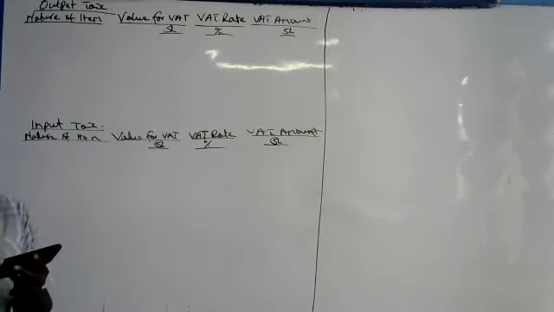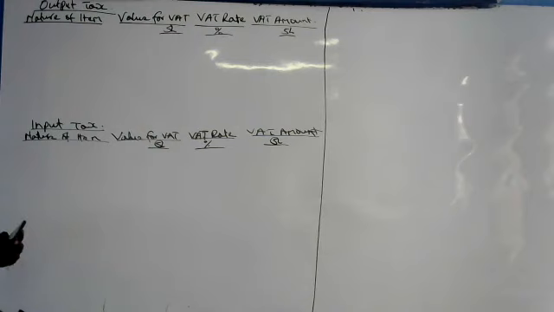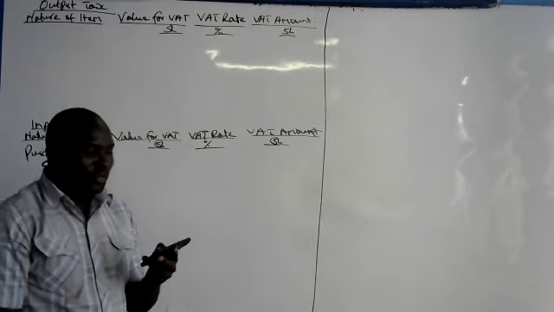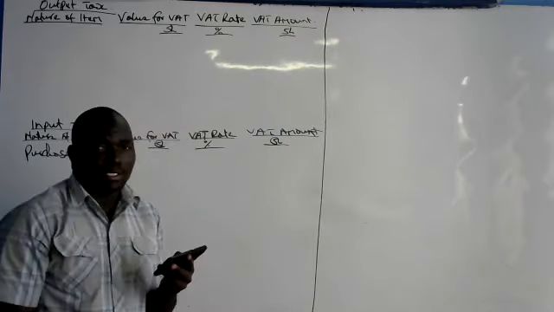Right. So you can start with note number 1, purchases. Purchases ni kwa input tax. Ndio. Get the total purchases, whether cash or credit purchases.